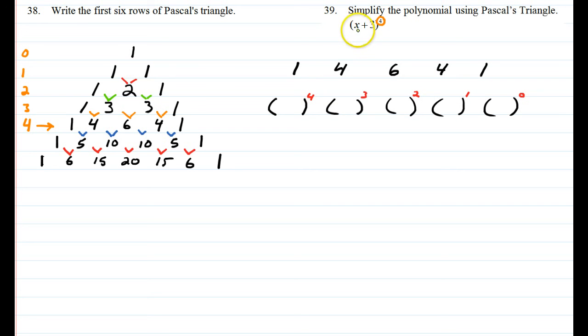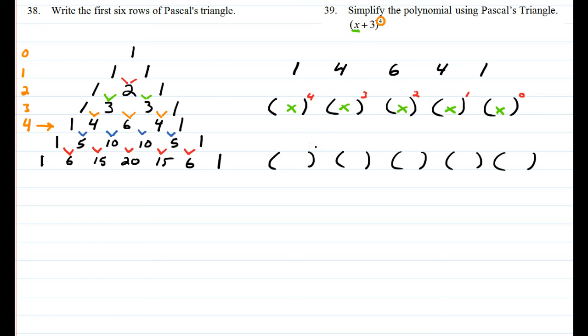And so the first term is just x, so these are all going to be x. And so then we're going to set up the next row. Same thing, just an open set of parentheses. So now for the exponent on this one, it goes in reverse.